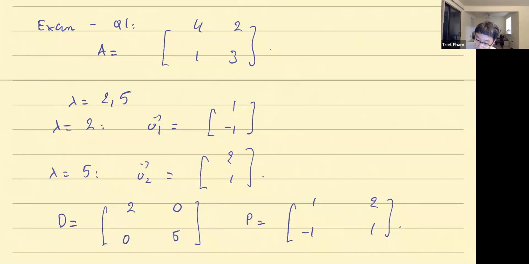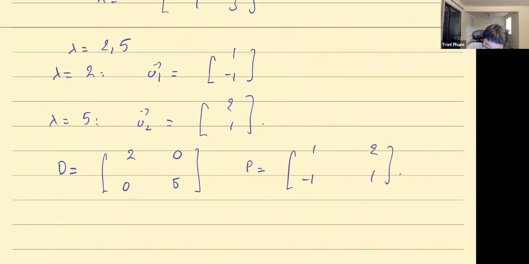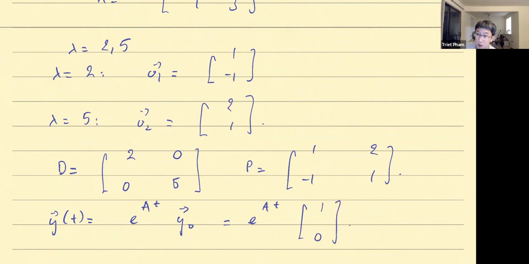The proposed solution will be y of t equals e to the At times y0, where y0 would be (1, 0), because that's the initial condition that I gave. We will calculate this and show that it is equal to the solution you would get from the eigenvalue eigenvector approach.